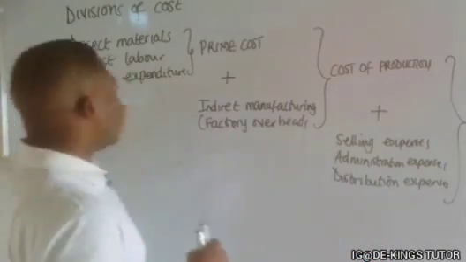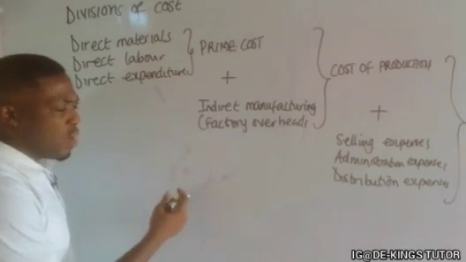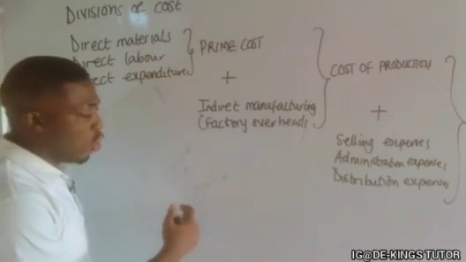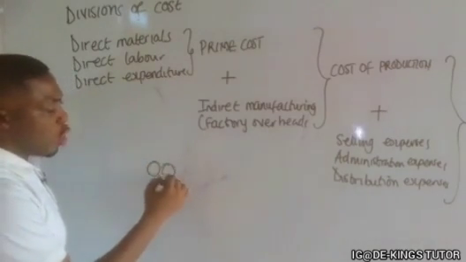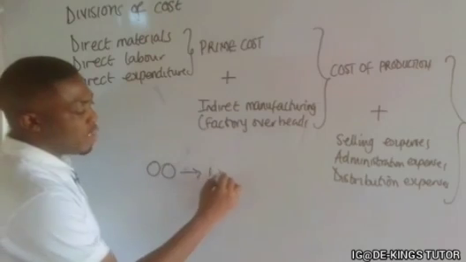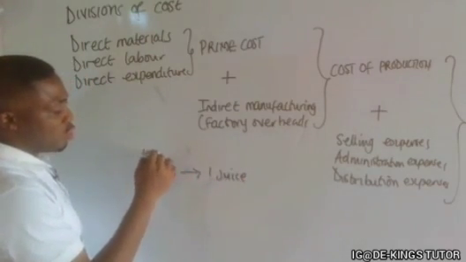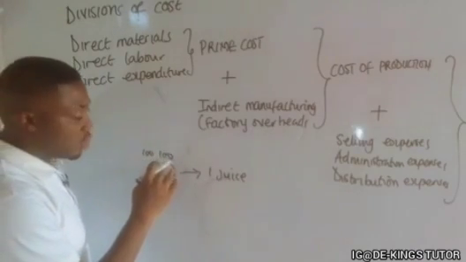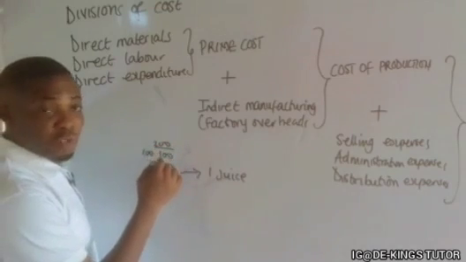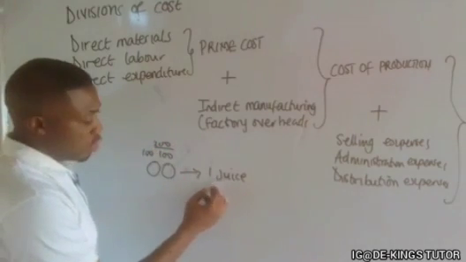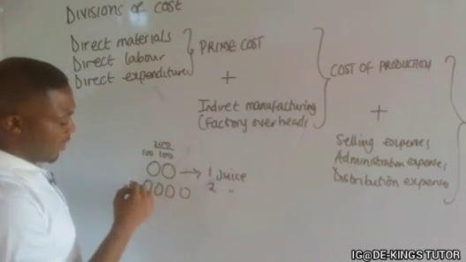For instance, if our firm is in the production of fruit juice, and it takes 2 oranges to make 1 juice, and 1 orange costs 100 naira and another one costs 100, it means it costs 200 naira worth of oranges to make 1 juice. To make 2 of these, it will cost 400.